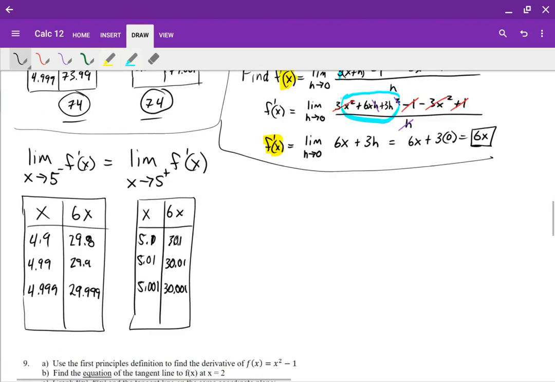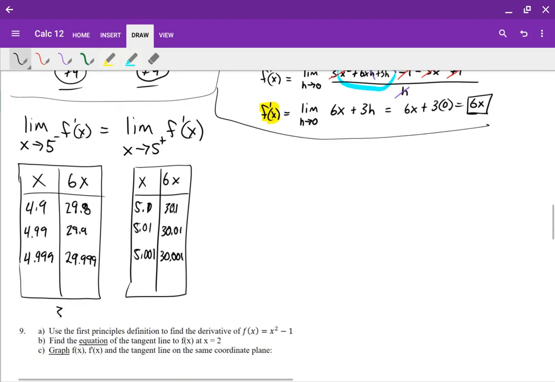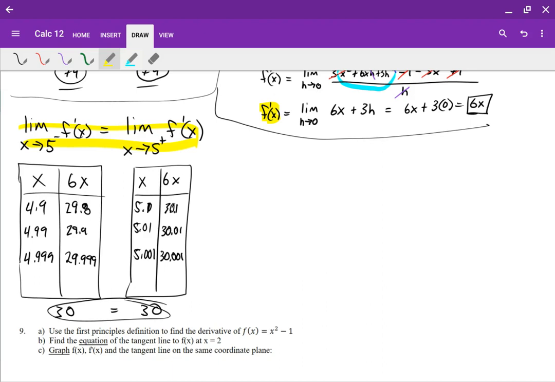So in this case, you can see that both of these are approaching 30. Since these are equal, you've demonstrated that the left and the right hand limit of the derivative are equal.